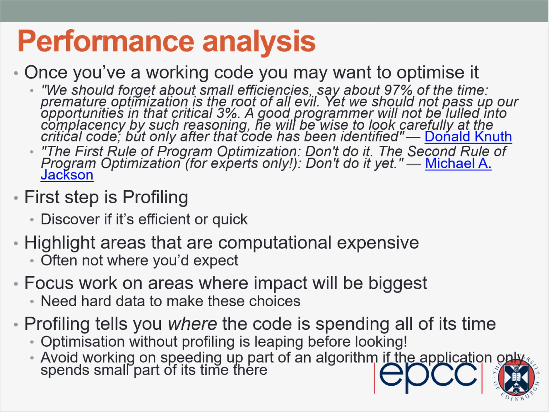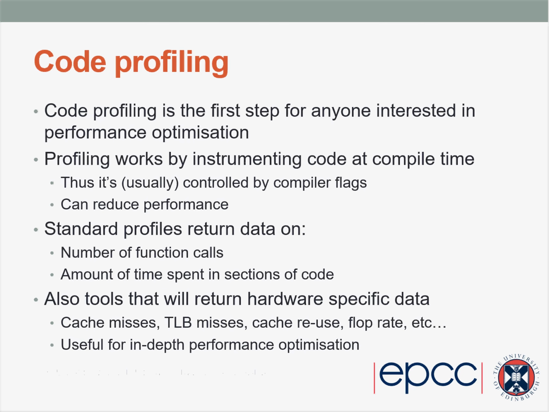So for profiling, we can use a profiler. It's a tool or a set of tools that let us analyze the performance of an application when it's running. Standard profiling is generally done by the compiler, in the sense that you tell the compiler to add some extra code into your compiled executable, so that it records some more data about what your program's doing when it's running.